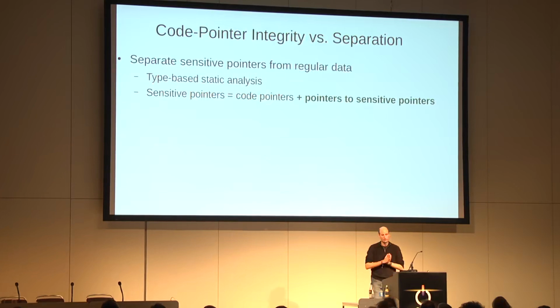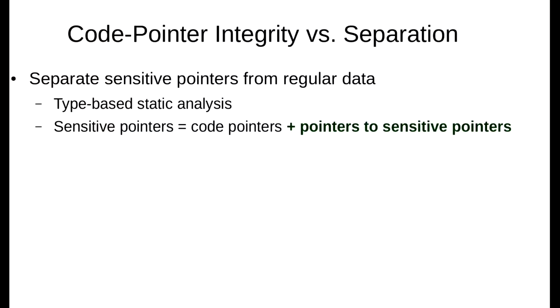So if we compare code pointer integrity and code pointer separation, what additional kind of security guarantees do we get? Both defense mechanisms separate sensitive pointers from regular data. Both of them use a type-based static analysis. But where they differ is what sensitive pointers are.